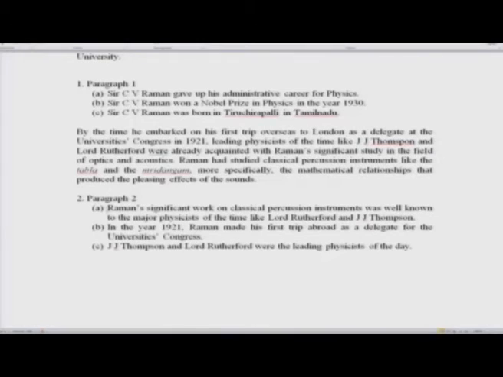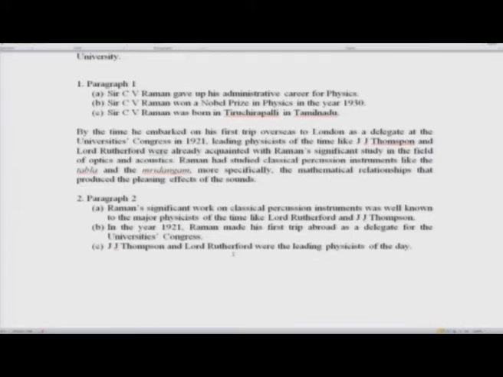Is it 1. Raman's significant work on classical percussion instruments was well known to the major physicists of the time like Lord Rutherford and J. J. Thomson. 2. In the year 1921, Raman made his first trip abroad as a delegate for the university's Congress. 3. J. J. Thomson and Lord Rutherford were the leading physicists of the day.